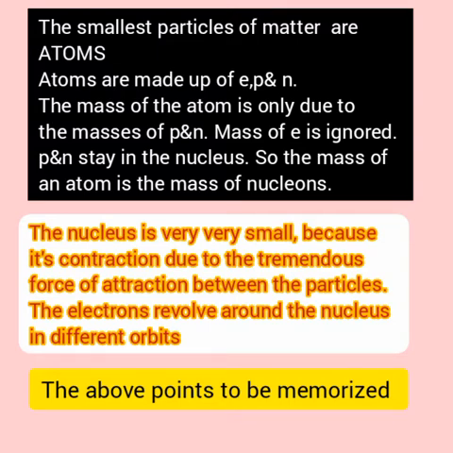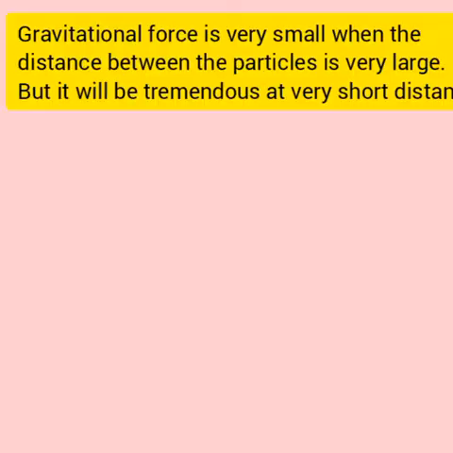And of course it is gravitation: when the distance between the particles becomes very, very small, then the gravitational force will be tremendous. But when the distance is too much, the gravitational force will be very small.